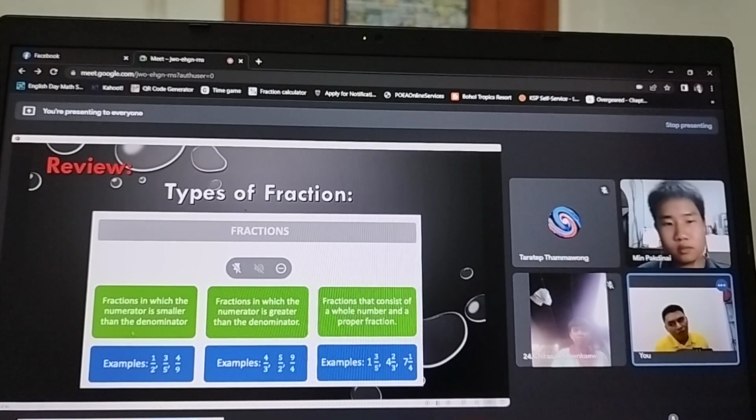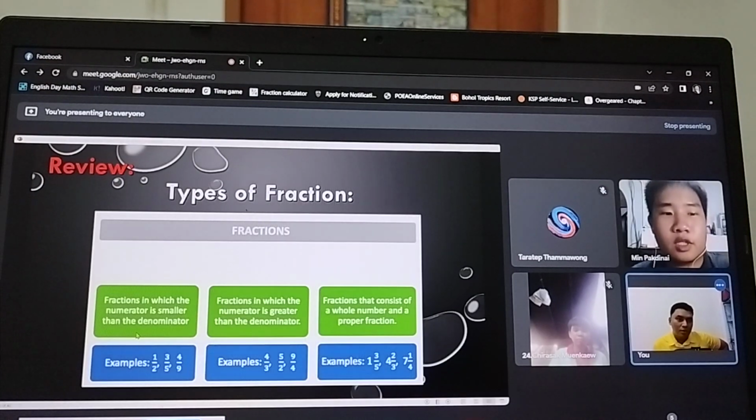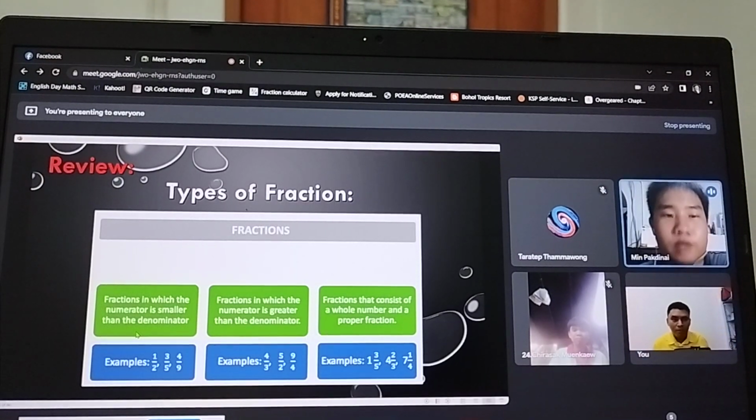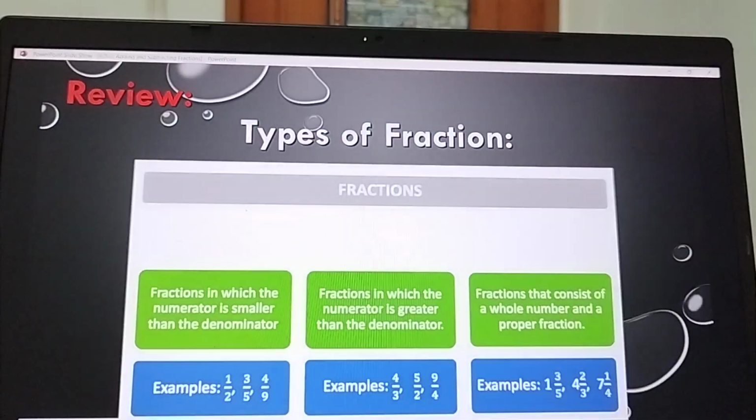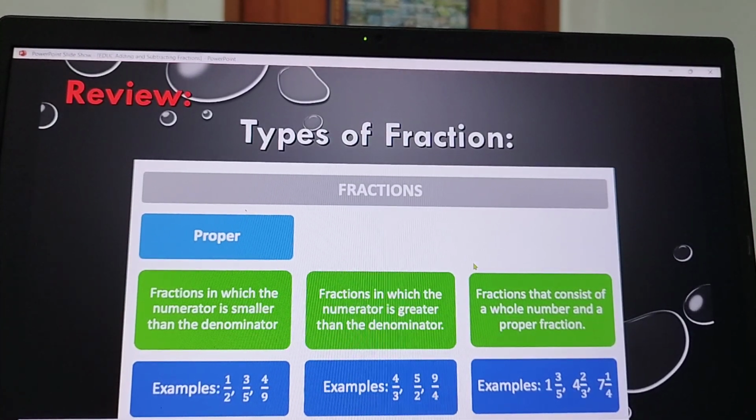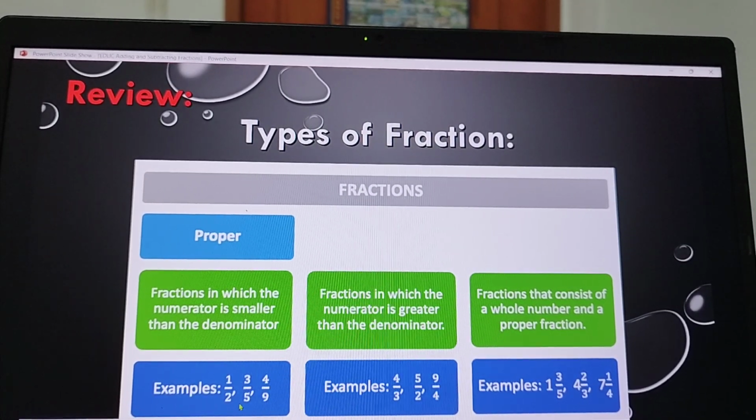So, Pakdinay, what do you call this type of fraction? It is a proper. Okay, very good. It's called proper fraction. When the numerator, the top number, is smaller than the denominator, the bottom number, you call that proper fraction.